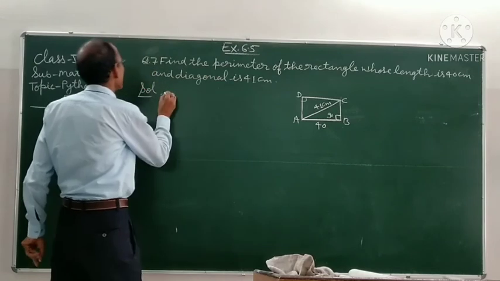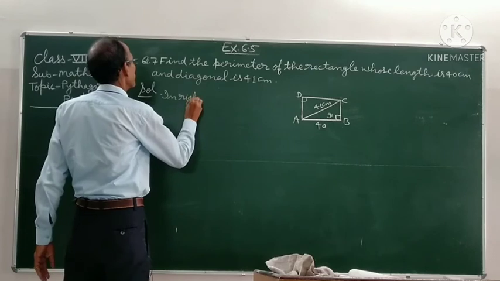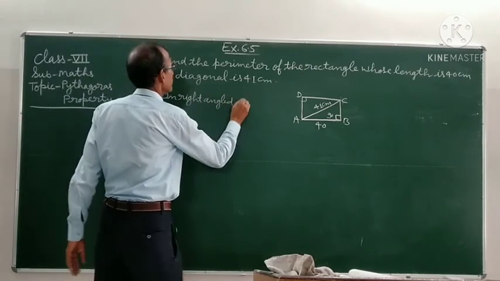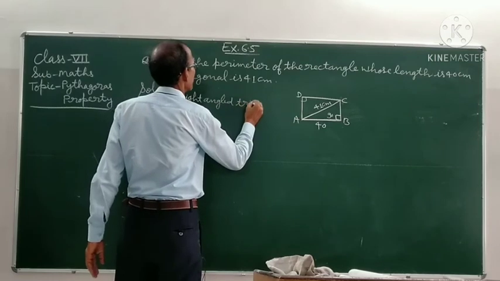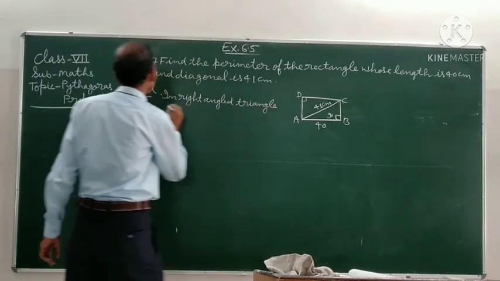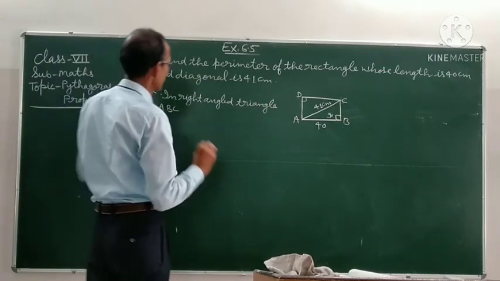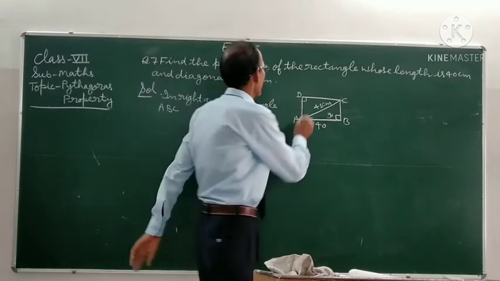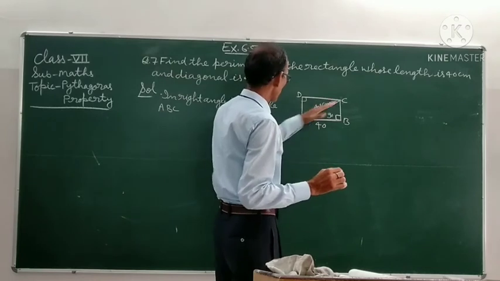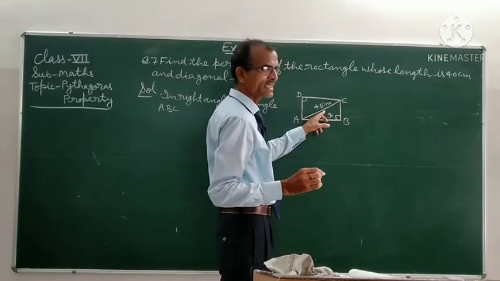In right angle triangle ABC, AC is the hypotenuse. So side opposite the right angle is hypotenuse, given 41 centimeter.